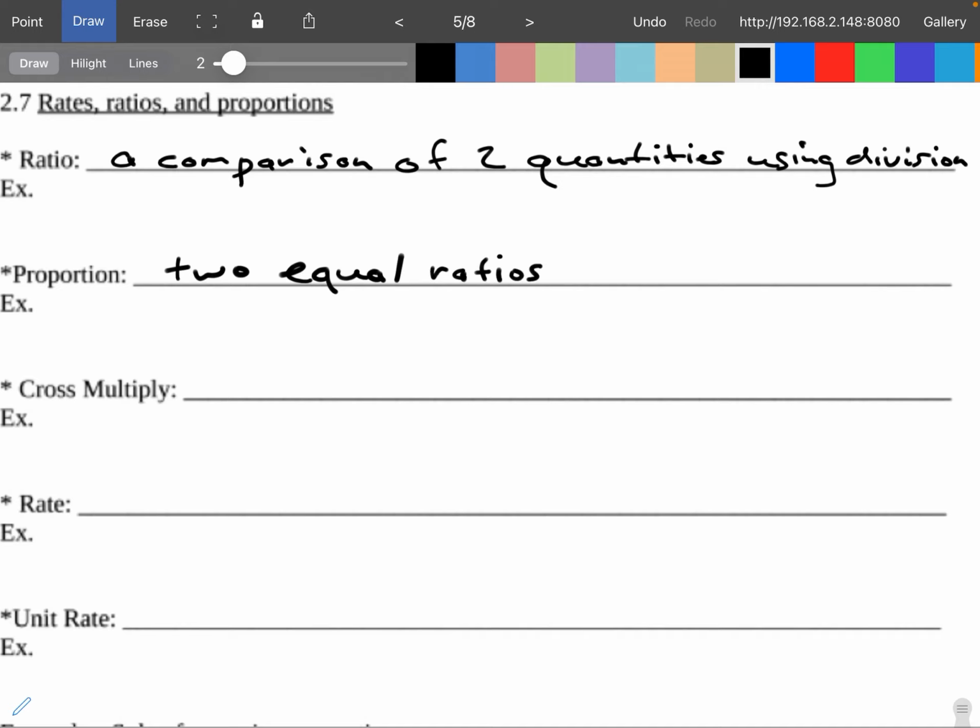And then it says cross multiply. So what we're going to say there is that if you have a proportion, then the cross products are equal.